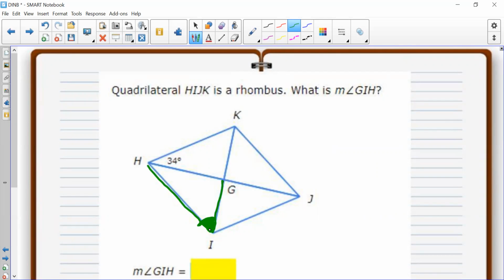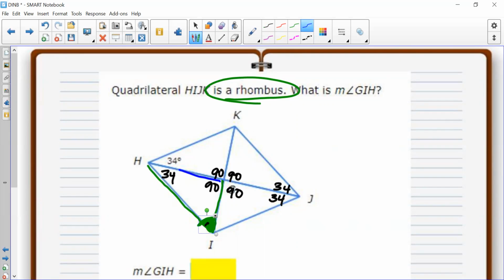So let's just start labeling some stuff that we know because it's a rhombus. Because it's a rhombus, I know that all of these angles here are 90. Because it's a rhombus, I know that if this angle's 34, so is this one, and this one, and this one. They're all the same. So if I'm trying to find this angle down here, I now can look at this triangle as its own problem because triangles add up to 180 degrees.